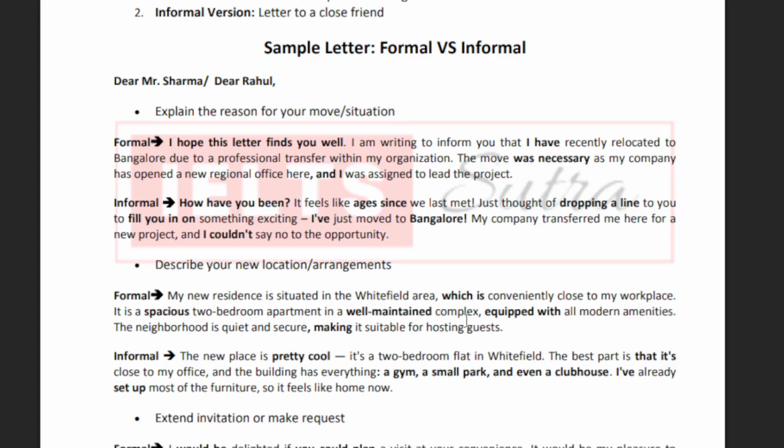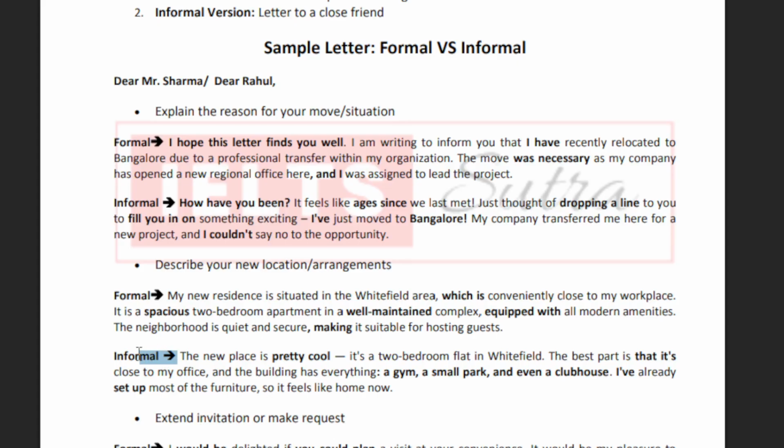The neighborhood is quiet and secure, making it suitable for hosting guests. So here you can see that we are using more and more formal language, for example, well maintained, equipped. We are using relative clause here, using more precise vocabulary such as spacious. We are not trying to be more friendly, we are trying to be very polite, as well as very respectful.